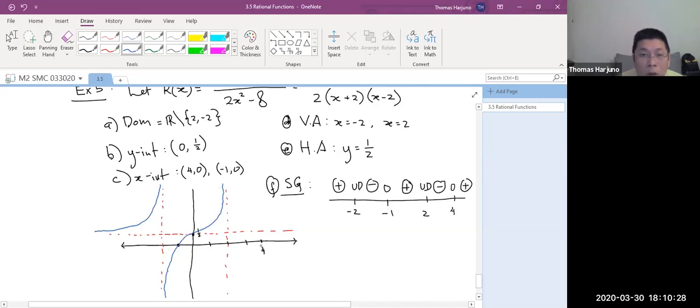And oh, I have an x-intercept here. I think I marked it earlier, but it's bigger now. Then between 2 to 4 is below the x-axis because it's negative.